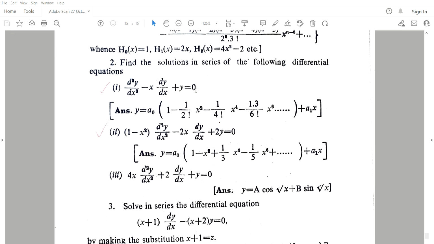In the first equation, see, the coefficient is equal to 1. Therefore, x is equal to 0 is an ordinary point. If you find the solution in this way, then see the answer is given in terms of a0 and a1. This is the solution. Here a3, a5 and so on have all become 0, because only a0 and the even powers are present.